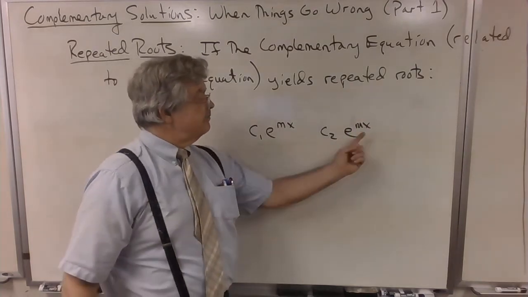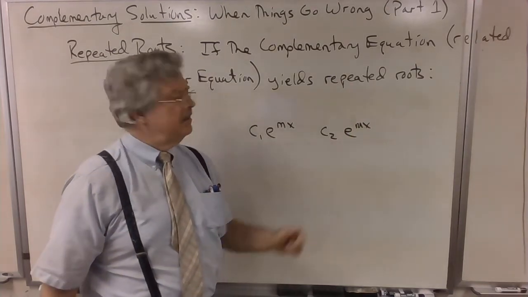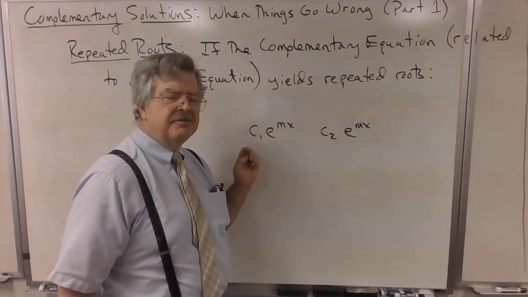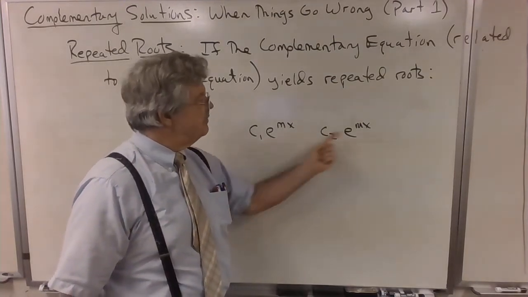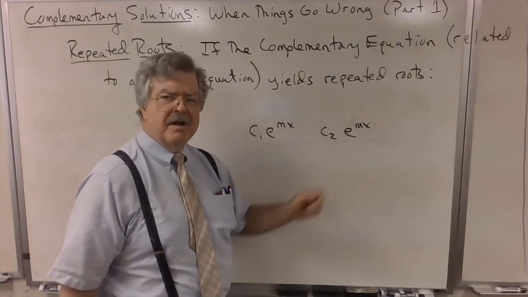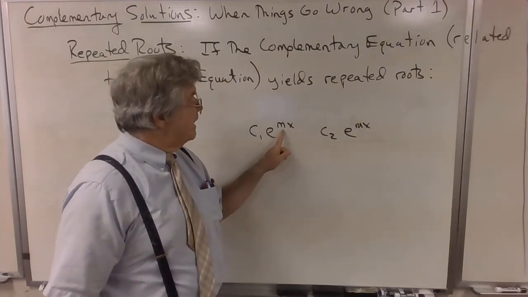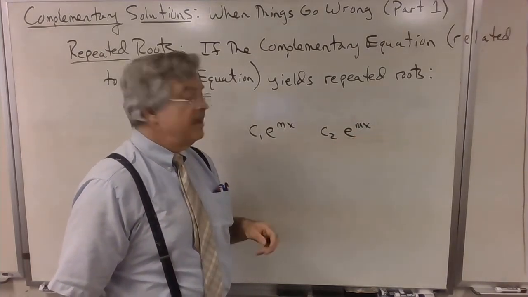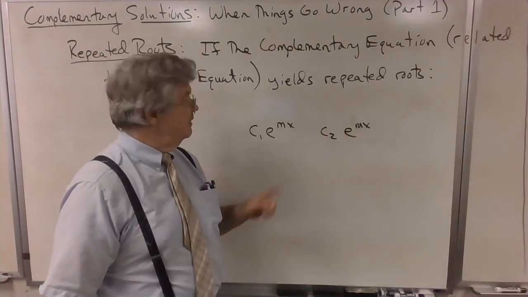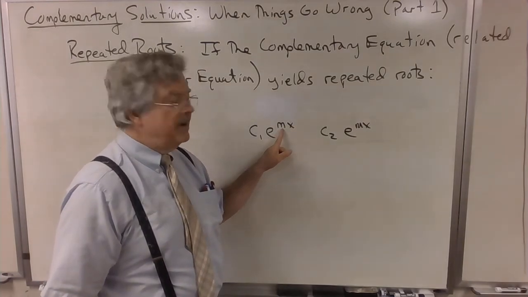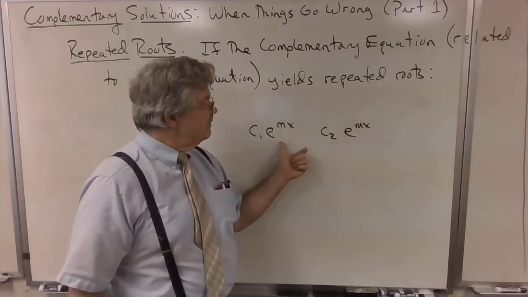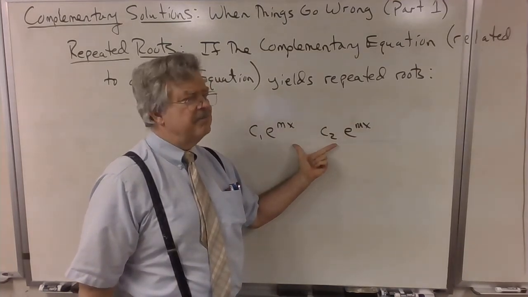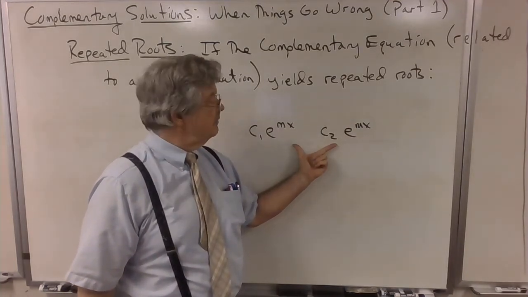And these are pretty much the same thing. The fact that we have different constants out front doesn't change the fact that these two things are not independent of one another. M is the root of the auxiliary equation in each case. So if we have a double root and M appears as a root twice, we're going to get two solutions, but they're not going to be independent of one another. They're pretty much going to be the same solution.